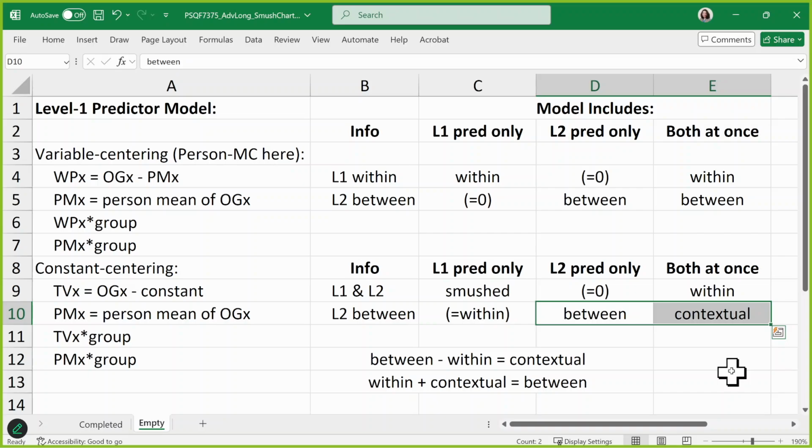That hasn't been controlled. So I think that in longitudinal data, between effects usually make a lot more sense because occasions aren't entities that have their own characteristics the way that people are entities that do in clustered data. So in clustered data, within and contextual I think is often more useful. In longitudinal data, within and between are.